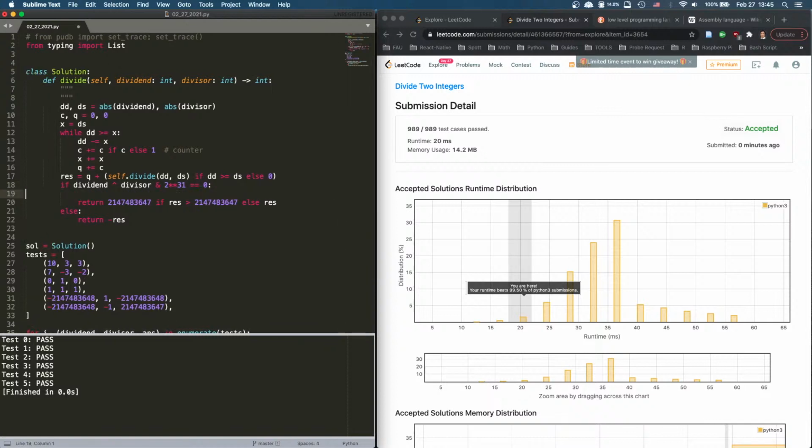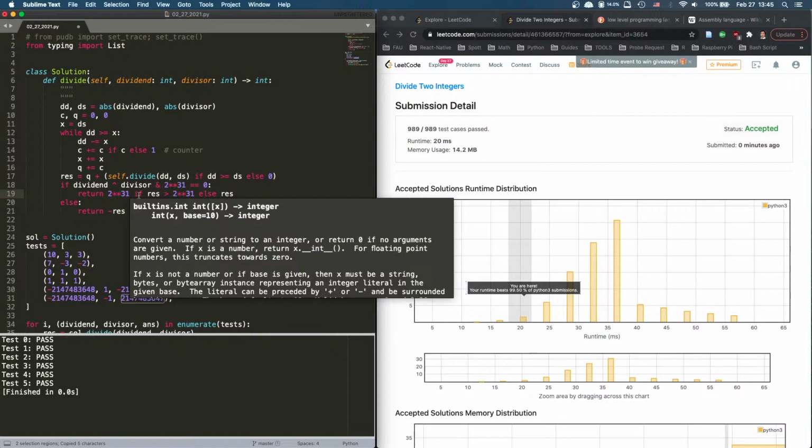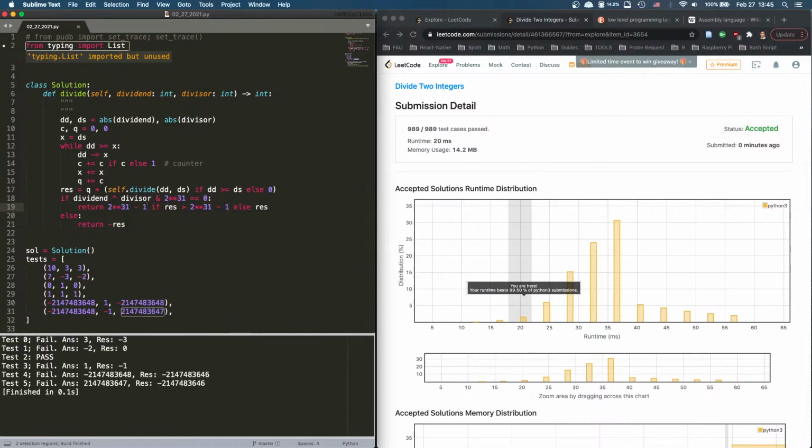So we can make it a little bit easier. And since we're doing this, let's just use it. -1. Right? No, that is not correct. Is it not right?